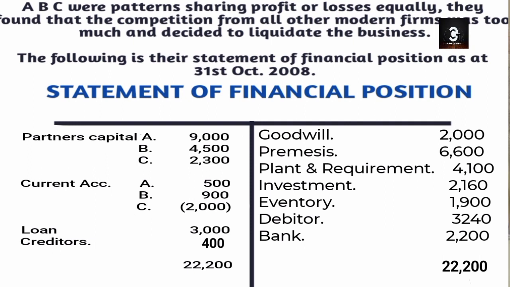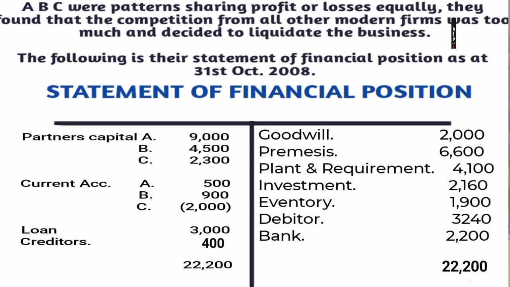First of all, these partners are sharing profit or loss equally. Now, since this has happened, they say the following is their statement of financial position as at 31st December 2018. Look at their assets: goodwill 2,000, premises 6,600, plant and equipment 4,100, investments 2,160, inventory and all.